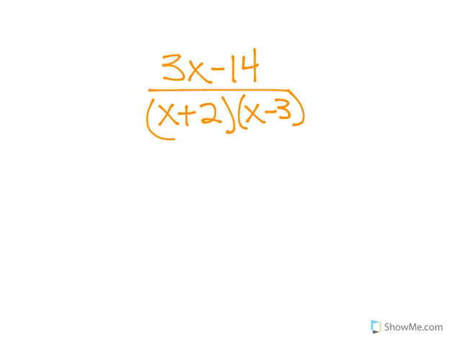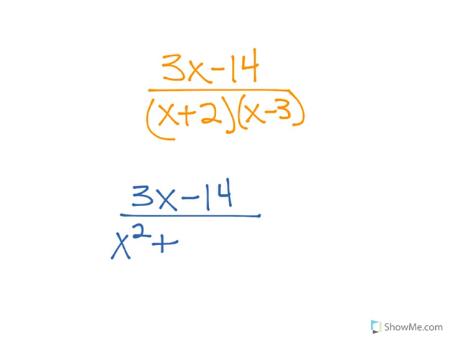And there are no factors that we could simplify, so we can go ahead and do FOIL. We have 3x minus 14 all over: first is x squared, outer would be a negative 3x, inner would be a 2x, and last would be a minus 6.